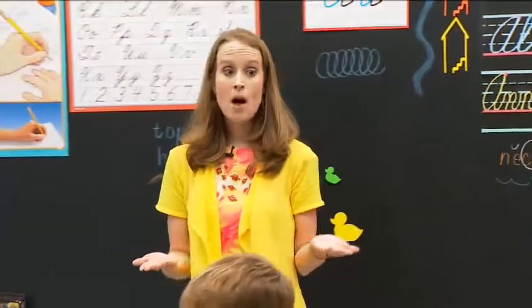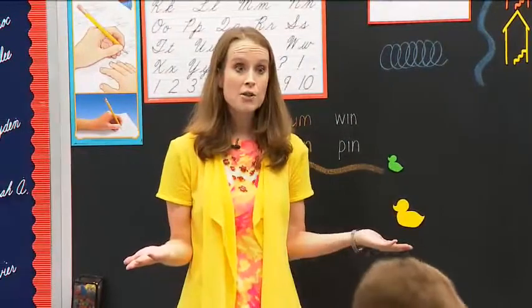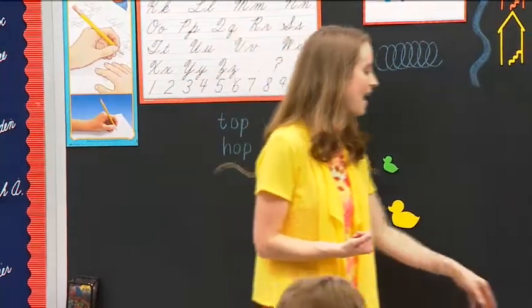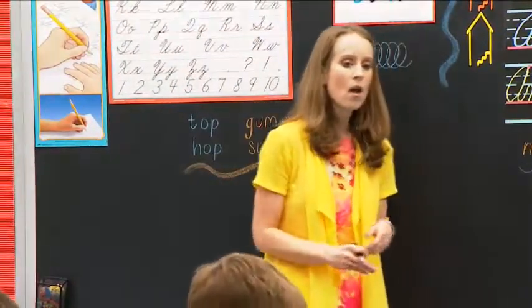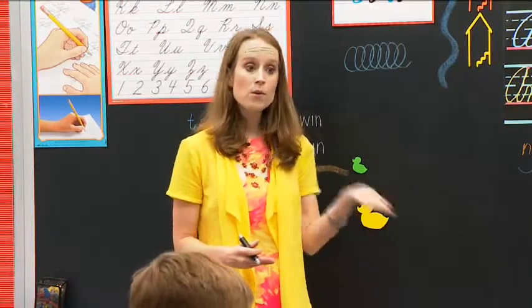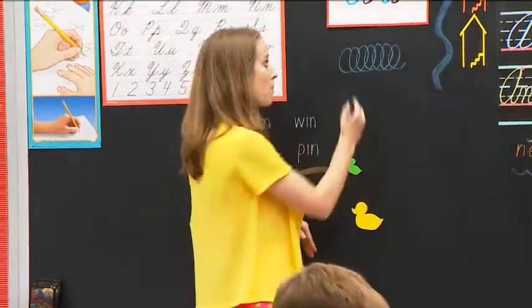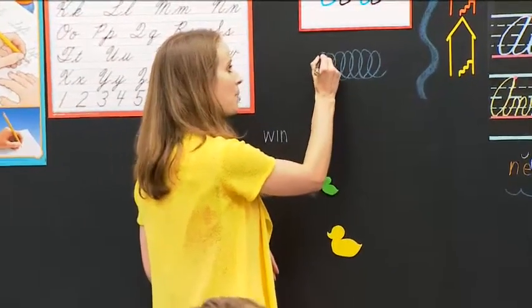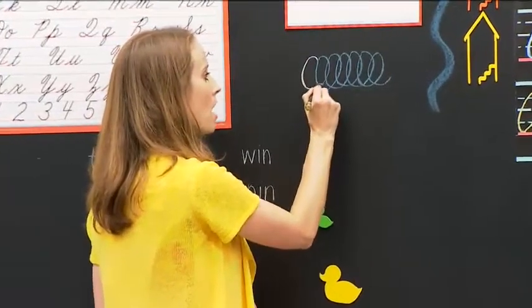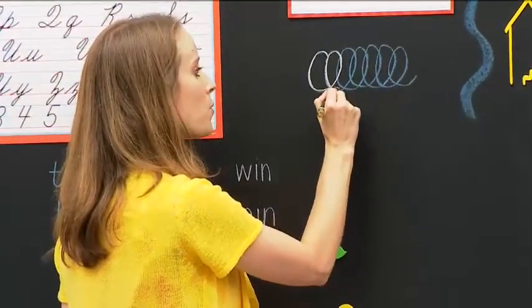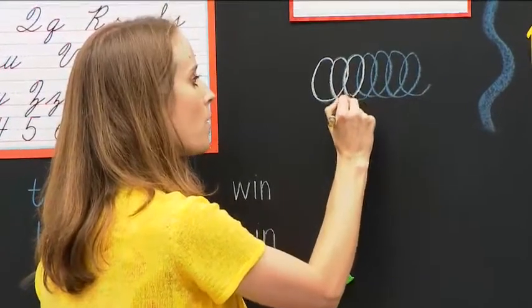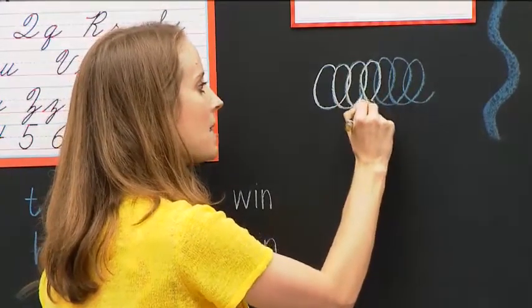Now, students watching and boys and girls in our classroom, we have a warm-up today, and it is our oval. I'm going to work on the ovals on the board while you get started on your paper. So everybody has their pencil. I've got my chalk, and we're just getting our fingers ready for these ovals, going around, making them nice and neat.